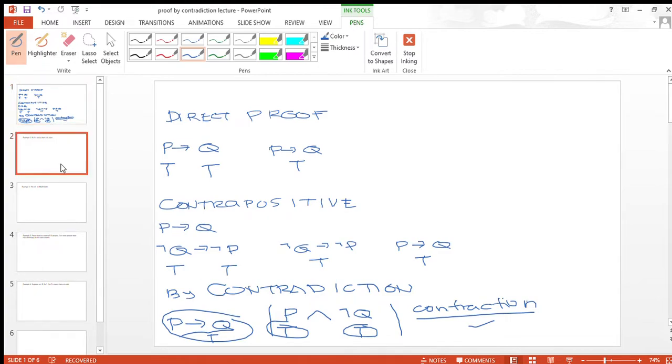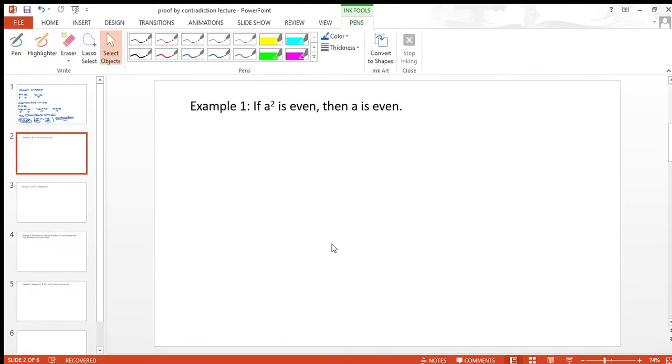Let's discuss an example for this. First example, we have: if A squared is even, then A is also even.